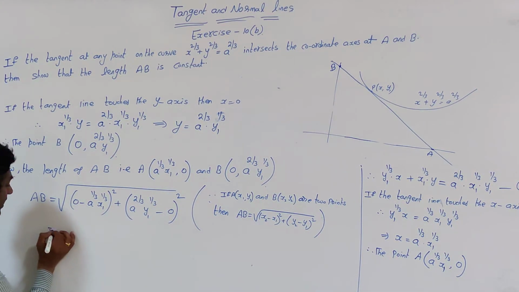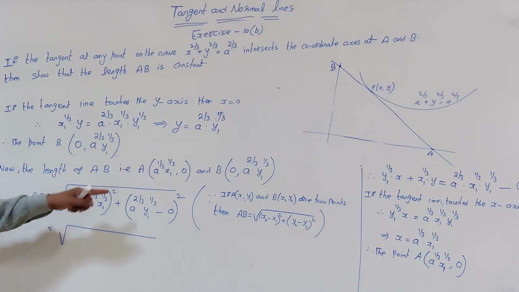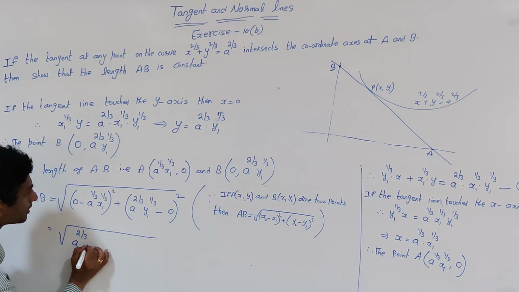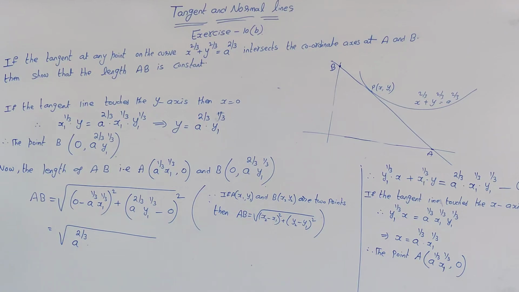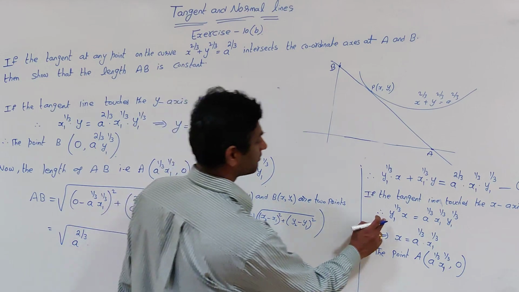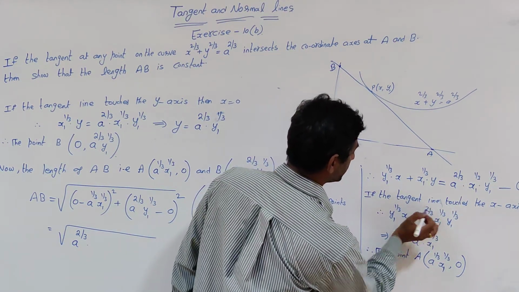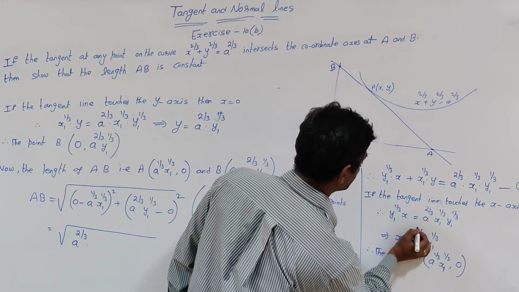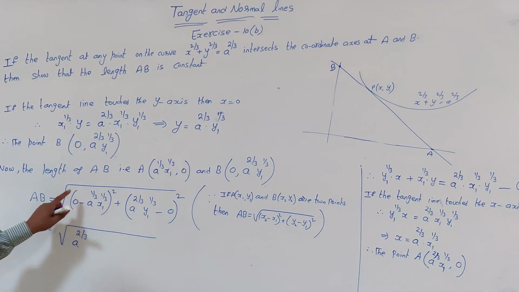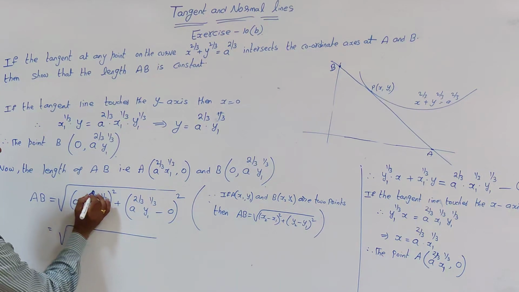Now if you simplify, square root of 0 minus a to the power of 1 by 3 x1 to the power of 1 by 3 whole square means it will be a to the power of 2 by 3 x1 to the power of 2 by 3. Please correct the error: here it will be a to the power of 2 by 3, here also 2 by 3.